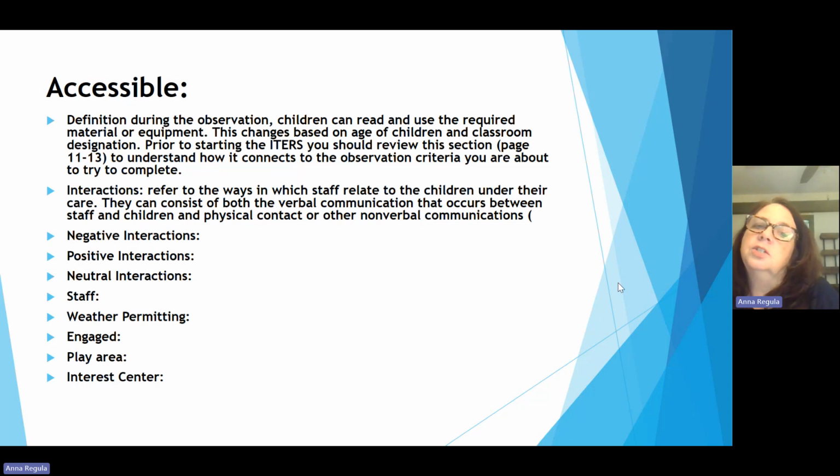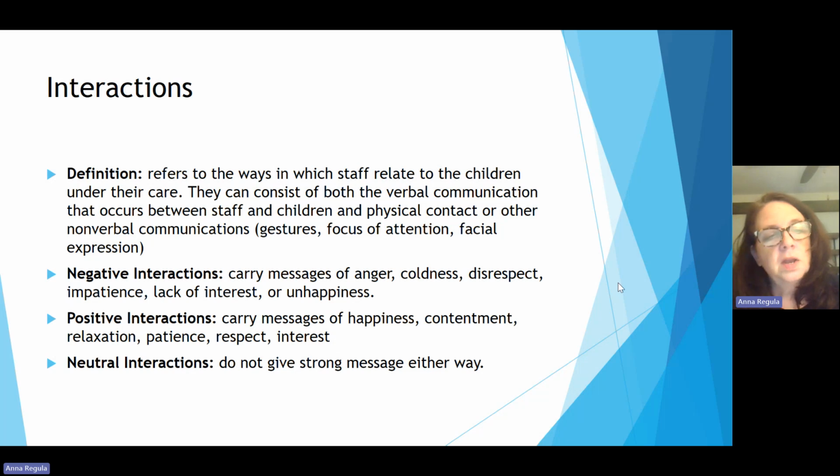It means that children can read and use the required material or equipment. And it's different for ages, depending on the ages of the infants and the toddlers. Like there's really different exceptions. So based on the children in your class, you want to read that before you go in to assess it, not access.